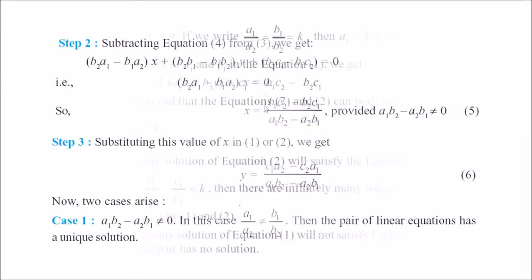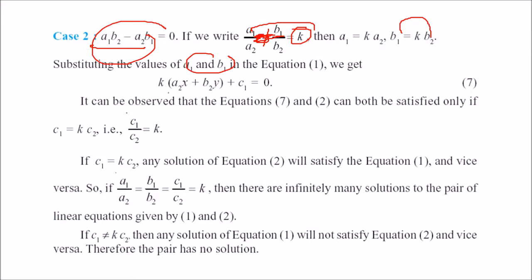So let us place this in equation number 1. This will be k times bracket a2x plus b2y plus c1. And we have observed from the second equation that c1 equal to k c2. So c1 by c2 equal to k. So we find that a1 by a2 is equal to b1 by b2 equal to c1 by c2. If we get this, then it will have infinitely many solutions.